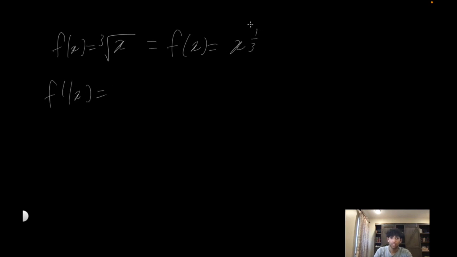We bring the exponent out front and multiply it. Now we subtract 1 from the exponent. So 1/3 minus 1 is just negative 2/3. So that's simply what your answer is going to be. Of course, you could rewrite it as a fraction, but since I'm just asking you to evaluate the derivative, I'm not going to ask you to do that right here.